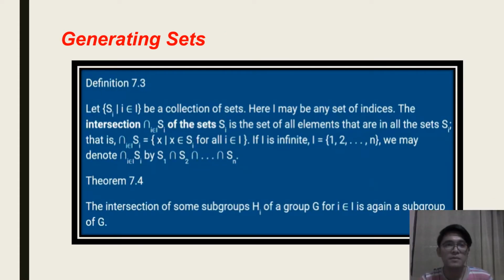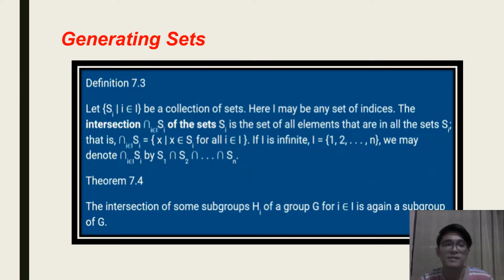Let me introduce a definition. Let S_i, for i an element of capital I, be a collection of sets. Here I may be any set of indices. The intersection of the sets S_i is the set of all the elements that are in all the sets S_i.